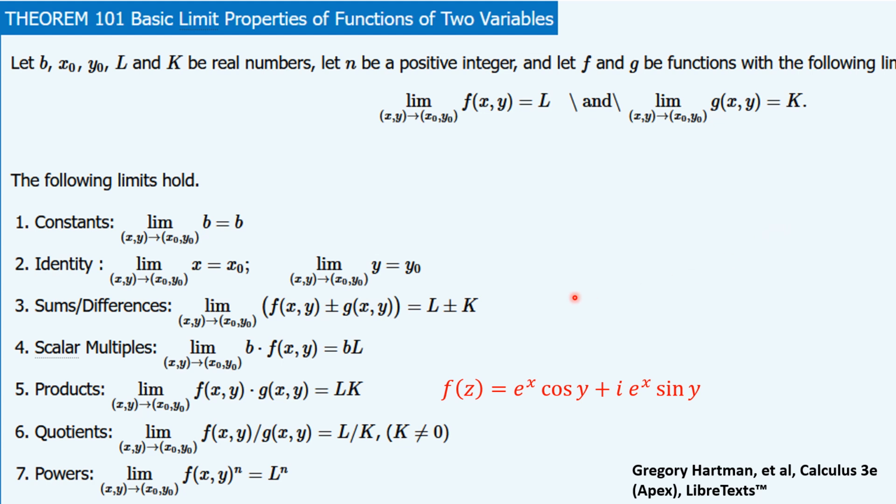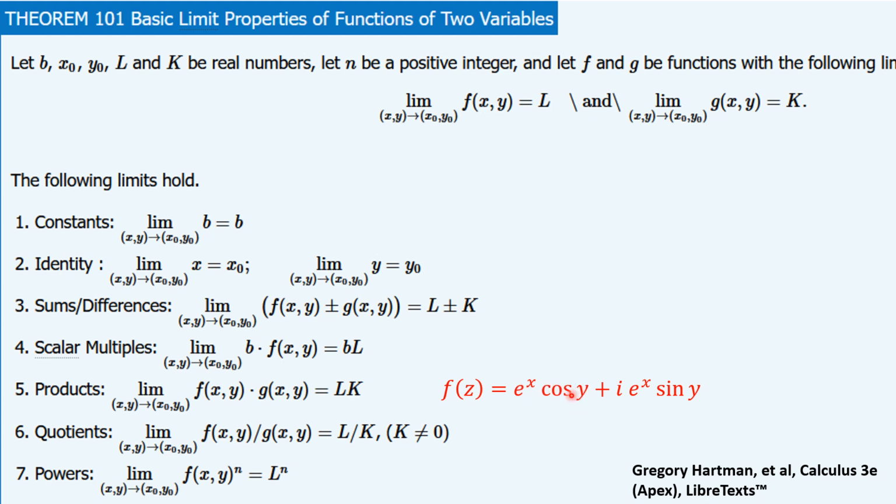Concerning the first example from the previous slide, I stated that the real part of the function and the imaginary part were both continuous from basic calculus. And the theorem that gives you that is here from another book, actually an online book. I put the reference down here, but we know that the limit of e to the x as x approaches some value is e to whatever that value is, and the same for cosine.